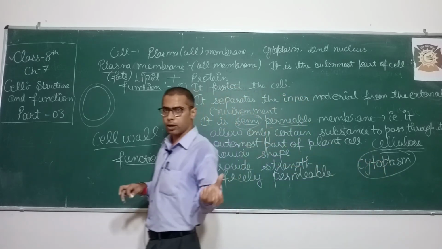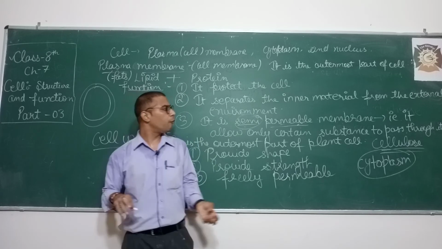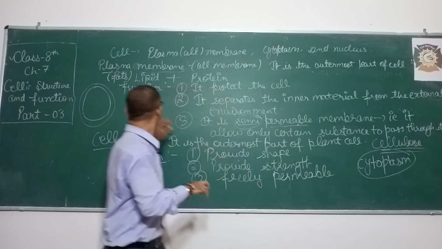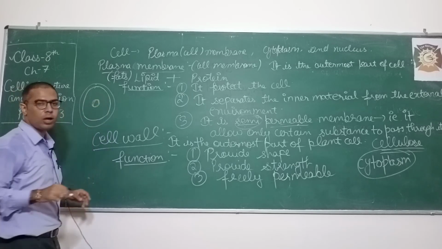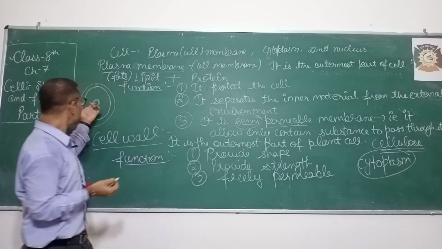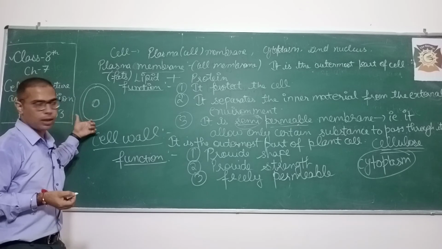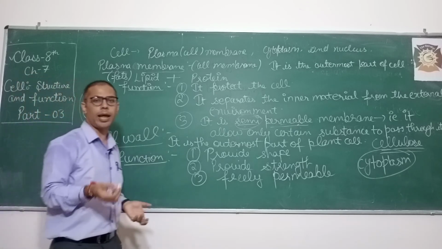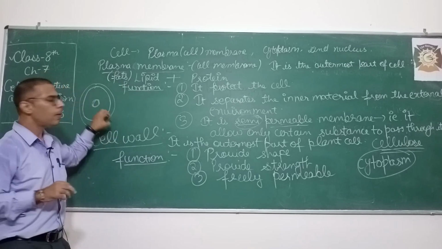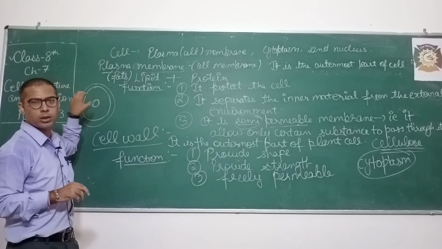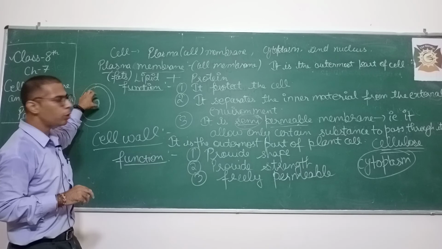Cytoplasm is a fluid, a jelly-like substance present between the cell membrane and the nucleus. What is the nucleus? The nucleus works as the brain of the cell. Just as all decisions in your body are taken by the brain, similarly in the cell, all decisions and steps are taken by the nucleus.